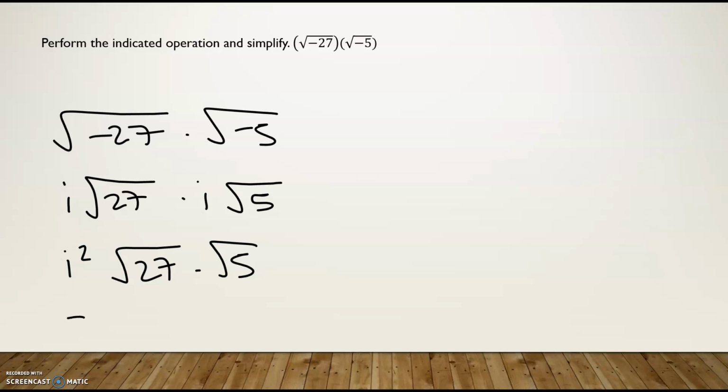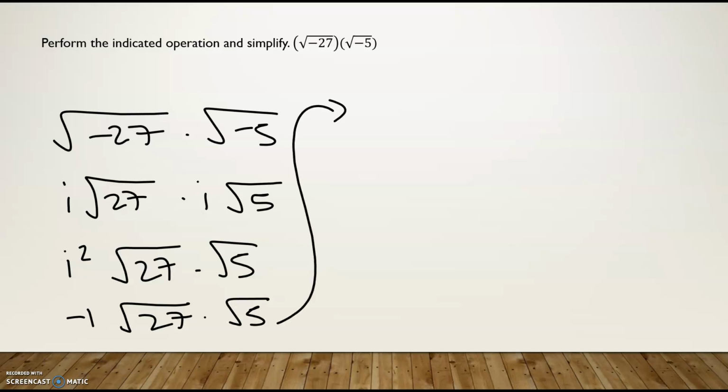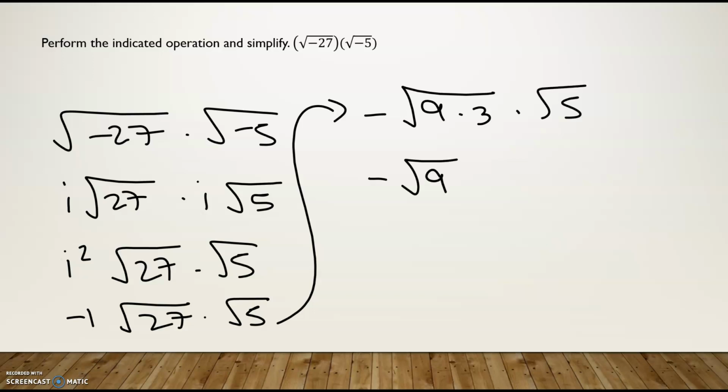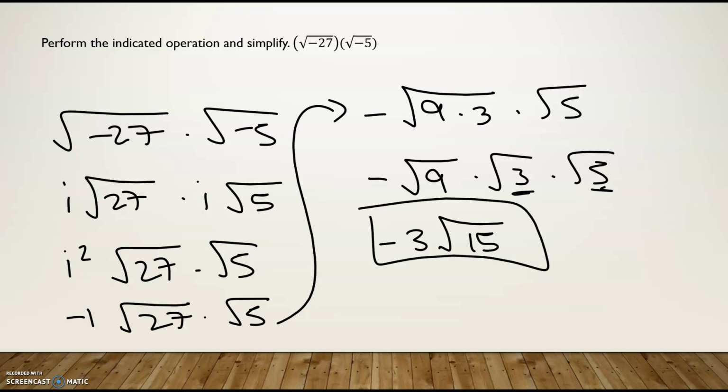So we know that this is going to be negative 1 times the square root of 27 times the square root of 5. Now let me deal with the square root of 27. So 27 is the same thing as 9 times 3, then times that square root of 5. So square root of 9 times the square root of 3 times the square root of 5. So negative 3, then times the square root of 3 times 5, this times this would be 15. So this right here will be our final answer.